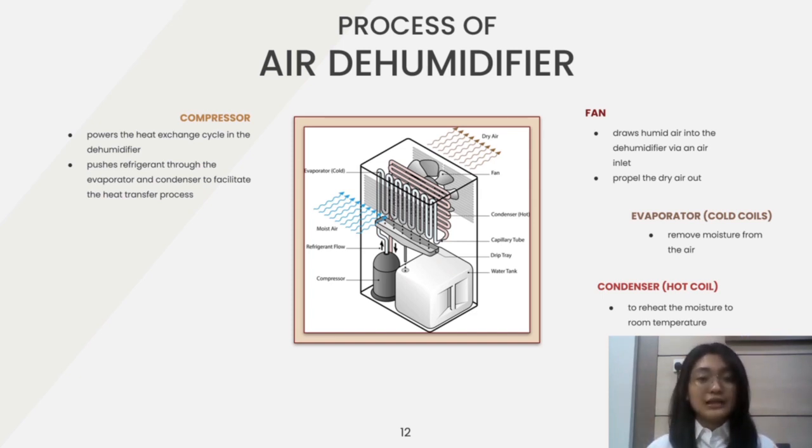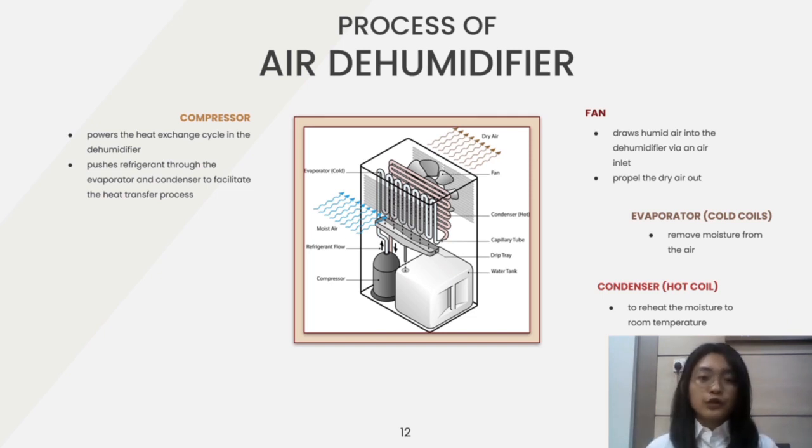The dehumidifier uses the cold coils, which is the evaporator, to remove moisture from the air. In turn, it uses the condenser as the hot coils to reheat the air to room temperature. The same fan that draws the humid air into the dehumidifier will now propel the dry air out.